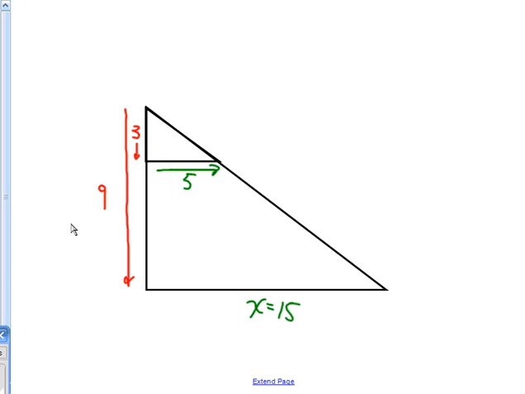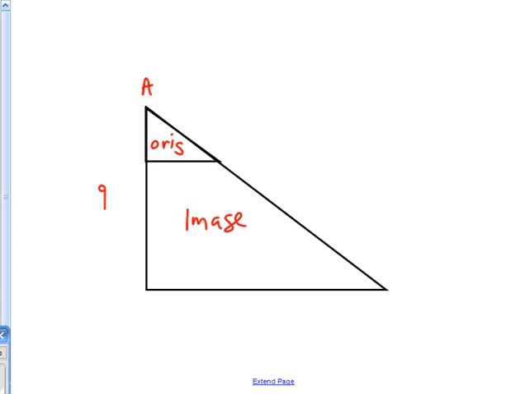Now we have proportional increases. If we went from the top vertex and called it A, and calling the original, the small triangle, and the image, the big triangle, I wonder what it would be called. Let's remove these numbers for a moment to make things a little bit easier to see.